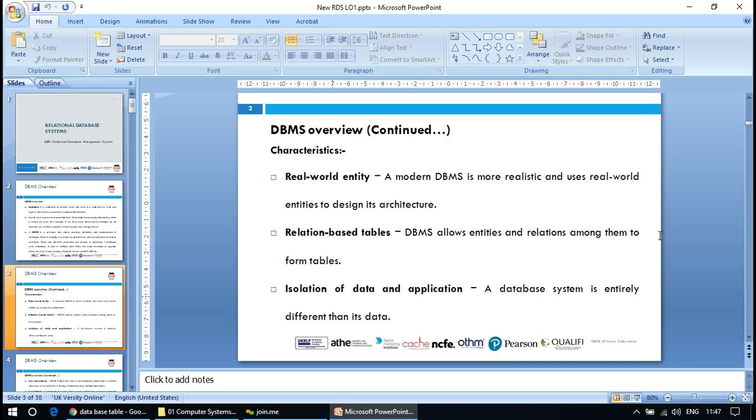Okay. The next characteristic is the isolation of the data and the application. Can you explain how the data and the application can be isolated from each other?